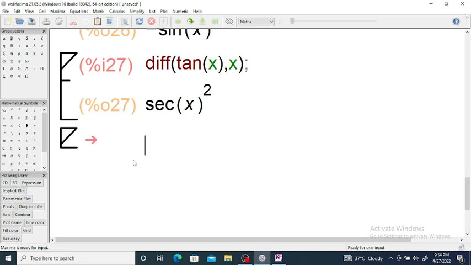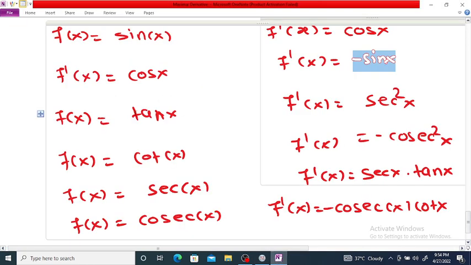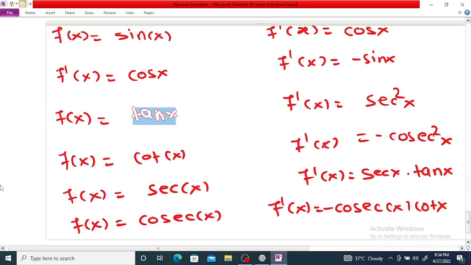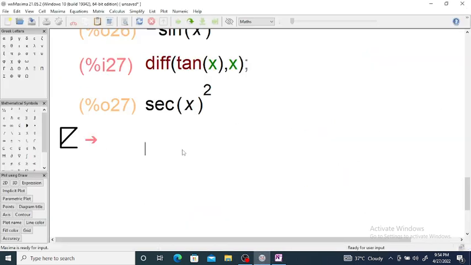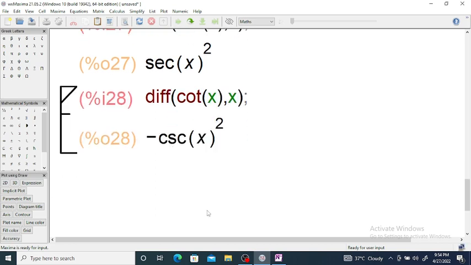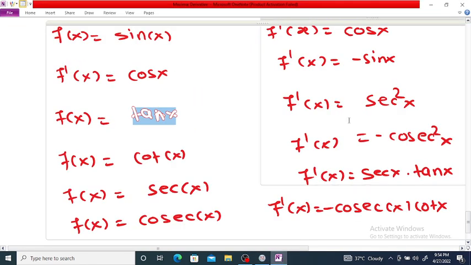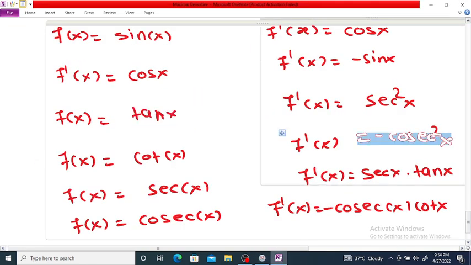So the derivative of tan x is sec square x. Now the derivative of cot x: differentiation of cot of x, independent variable x, is equal to minus cosec square x. You can check here.